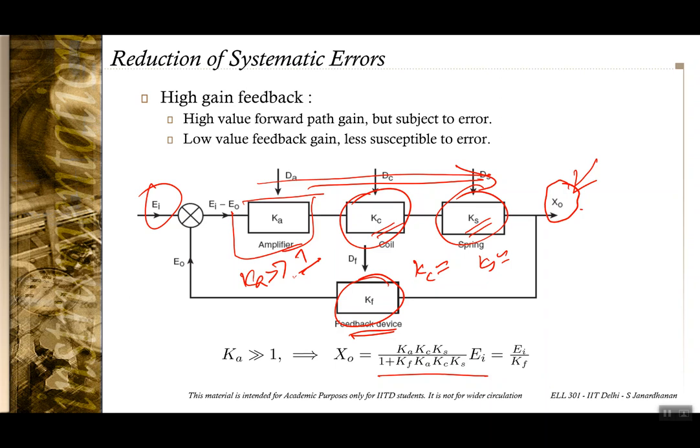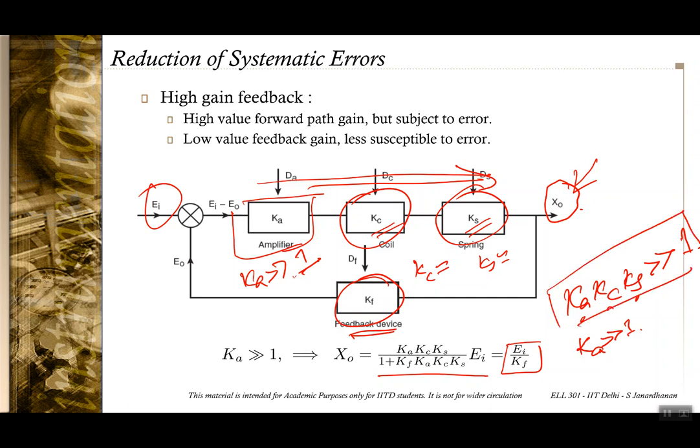Now since Ka, Kc, Ks is going to be much greater than 1, this can literally be written as EI by Kf. What we have seen is that we are not sure about the exact value of Kc, Ks or Ka, but we knew that Ka was much greater than 1, and consequently this product is much greater than 1.